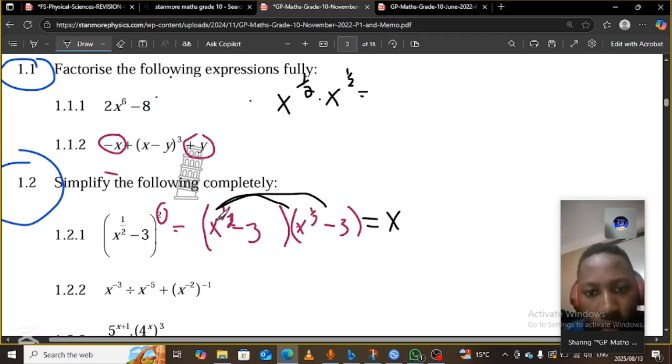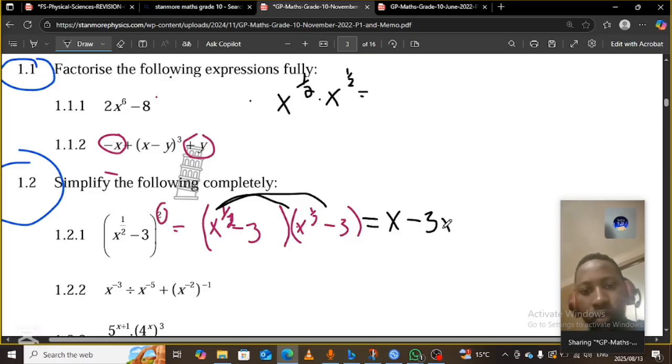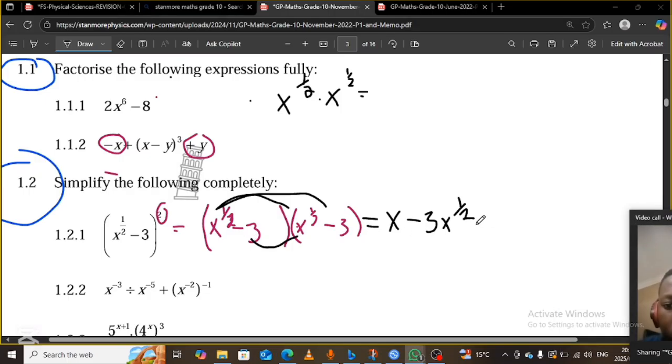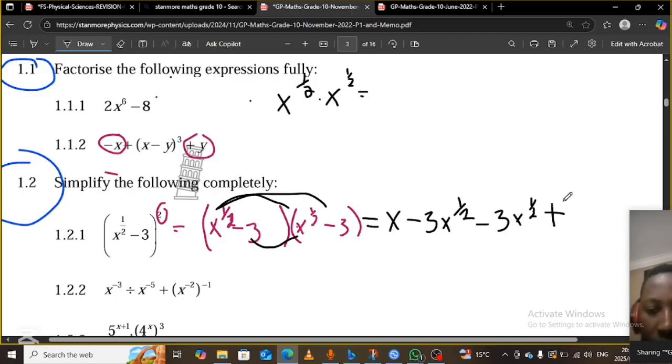And then what is x to the power of 1 over 2 times negative 3? It's going to be negative 3x to the power of 1 over 2. And then what is this one times this one? It's still negative 3x to the power of 1 over 2. And then what is negative 3 times negative 3? It's 9. Positive 9. Correct.